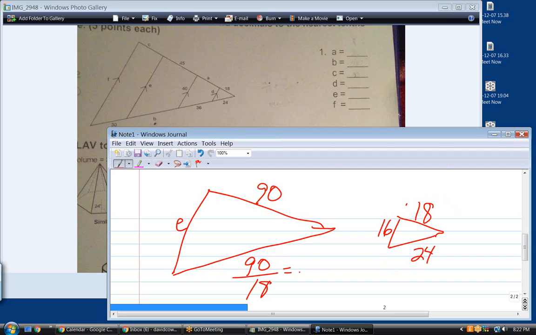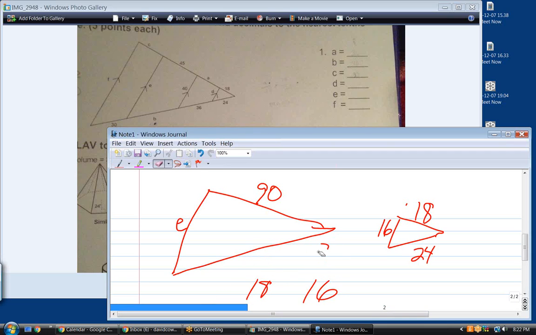So what's the ratio regarding E? E/16. Right. That's big over little. And notice the advantage we did in doing 90:18 is it leaves E in the numerator, makes it easier to solve.